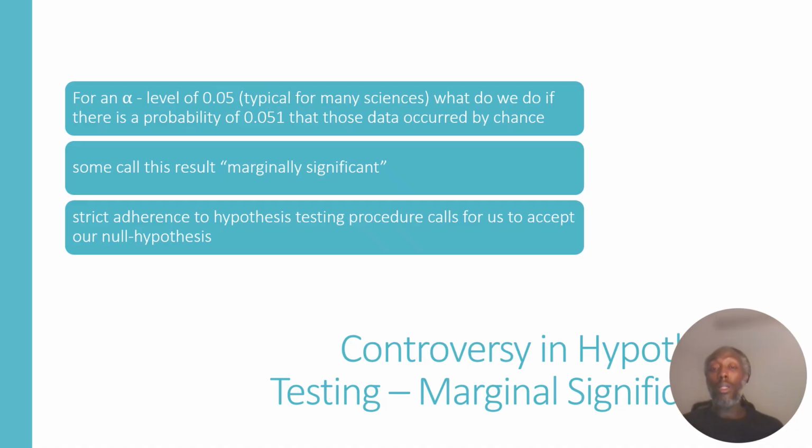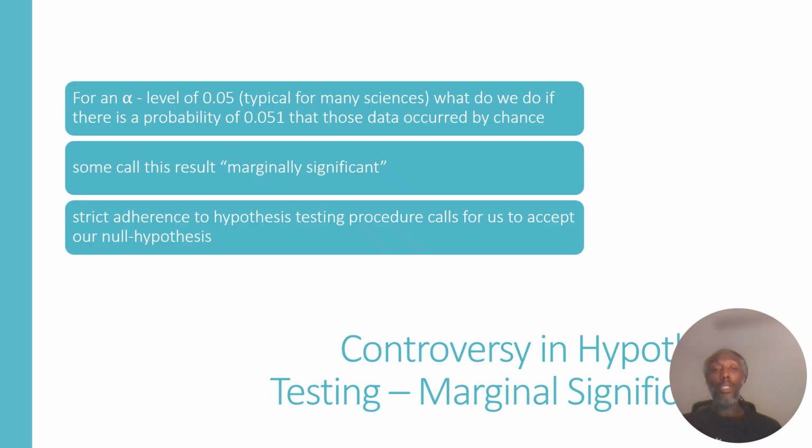Well, that's pretty close to the 0.05 that I would need in order to say that this is significant. Some people call this marginal significance. It's the idea of being very close to a value that would be statistically significant.